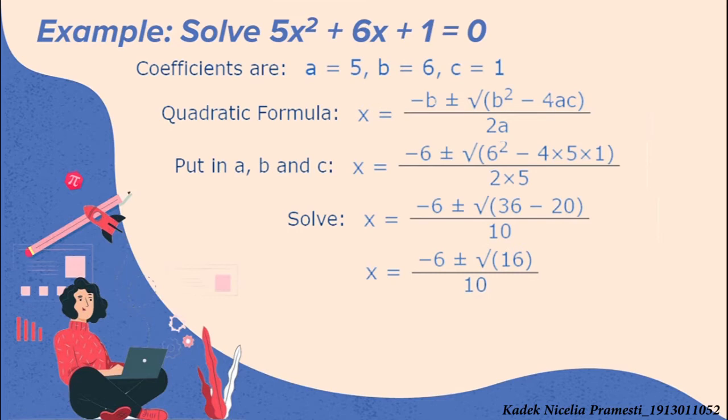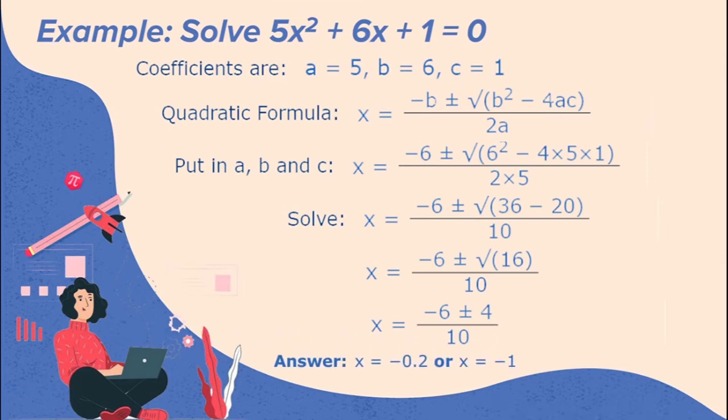We get minus 6 plus or minus root of 16 over 10. And we get minus 6 plus or minus 4 over 10. So we get the answer x equals minus 0.2 or x equals minus 1. Okay, that's it about the quadratic formula.